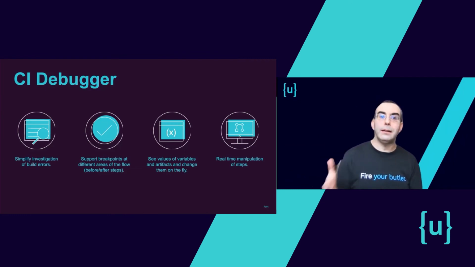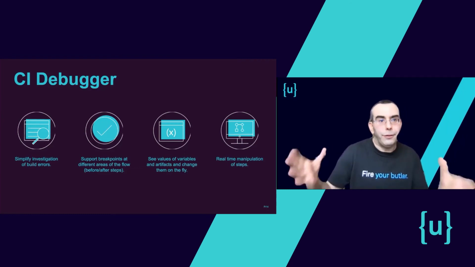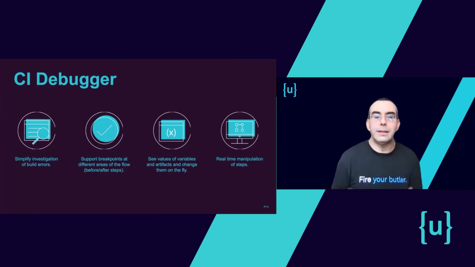You can go inside the container to see the environment. You can manipulate the values of the variables, and you can fix it in debug mode. The same way that you debug the application that you're working on, and that's going to make the whole troubleshooting process much faster and less tedious.